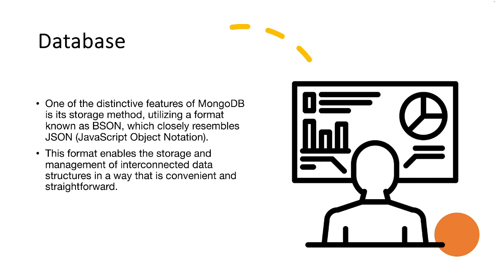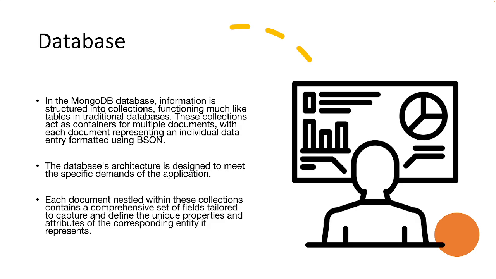One of the great features of MongoDB is its storage method. It utilizes a format known as BSON, which closely resembles JSON. This format enables the storage and management of connected data structures in a way that's convenient and straightforward. In the MongoDB database, information is structured into collections, functioning a lot like tables in traditional databases.